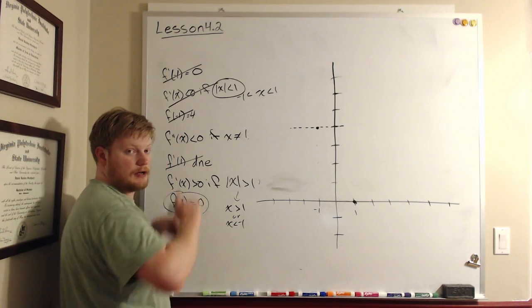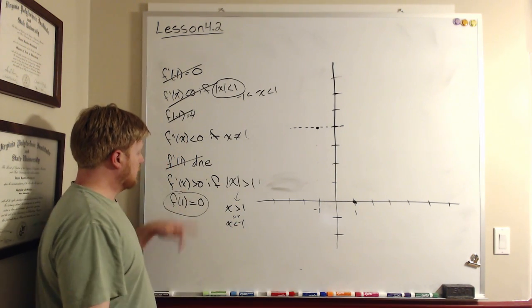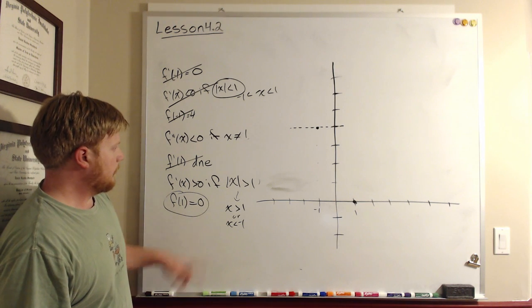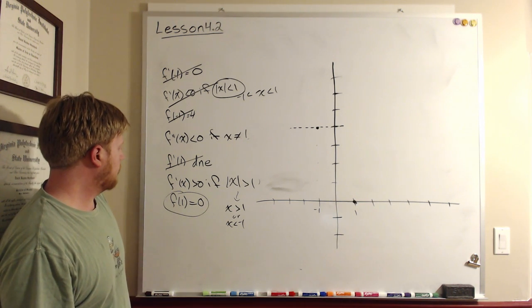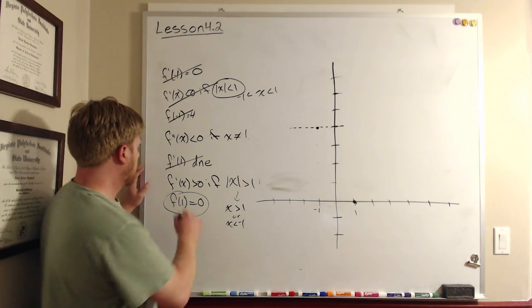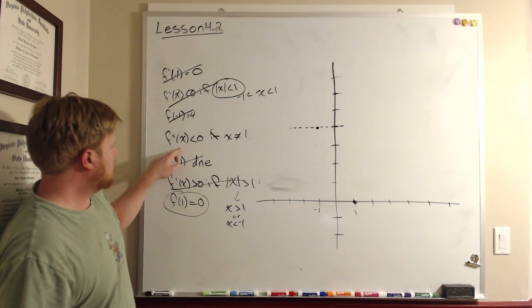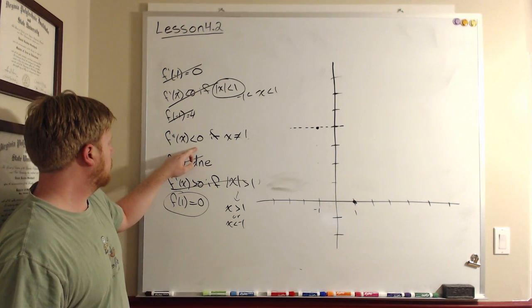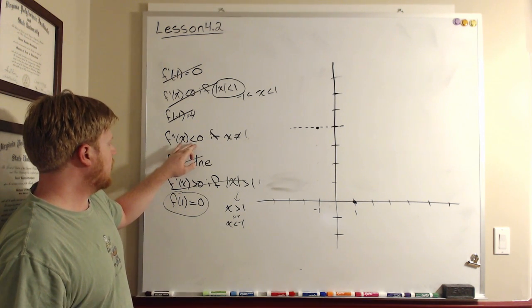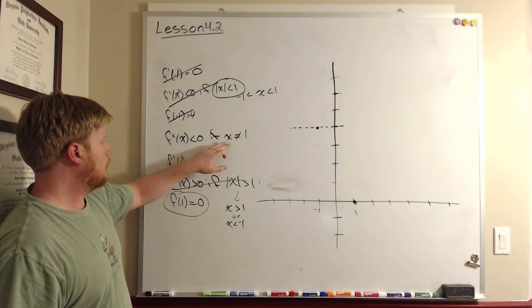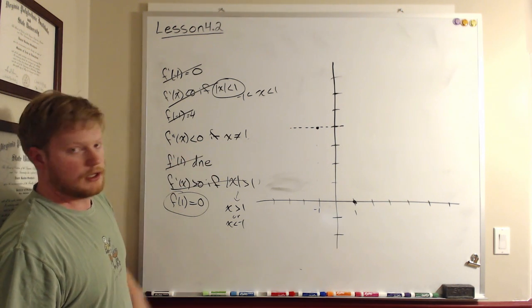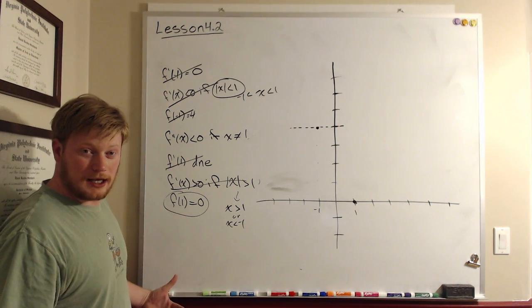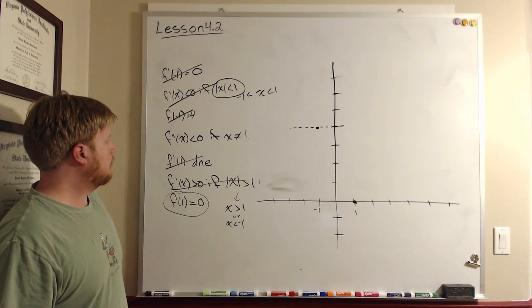So outside of -1 and 1, the slope is positive. Okay. The second derivative is negative as long as x is not equal to 1. So that means I'm always concave down.